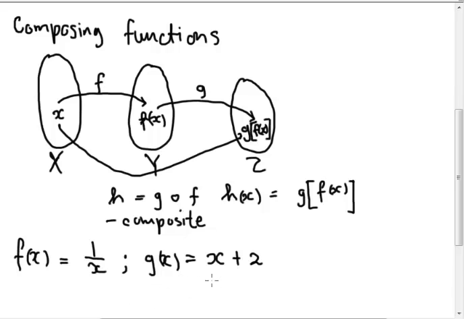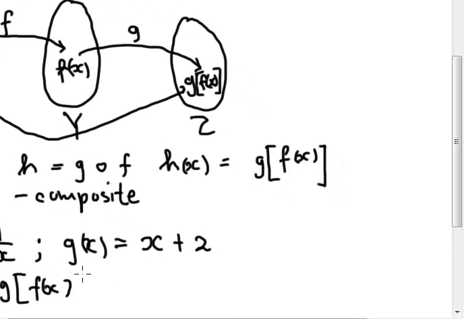Now, if we're given a task to find h, we have to follow this kind of process, isn't it? So now, we can say h of x is going to be equal to g of f of x, which is equal to g, then I put the square brackets there.